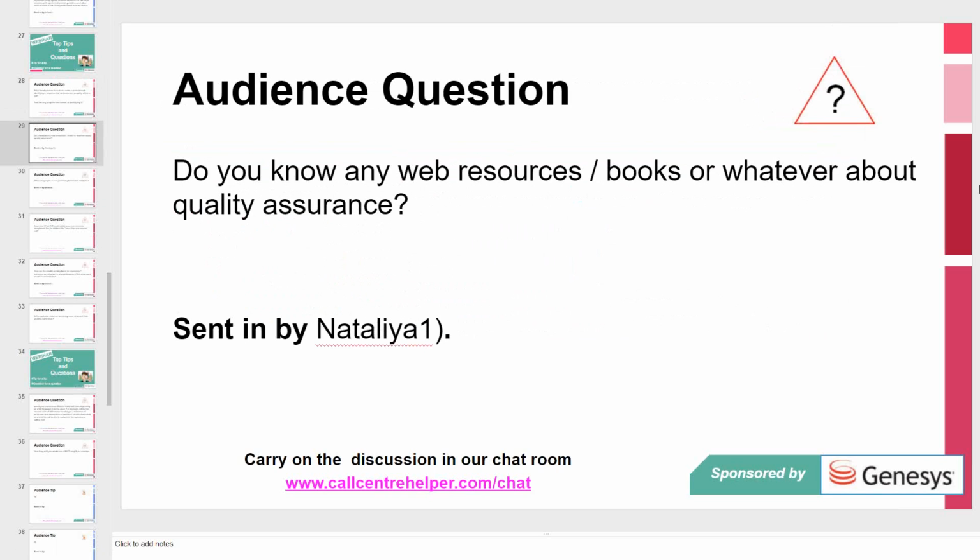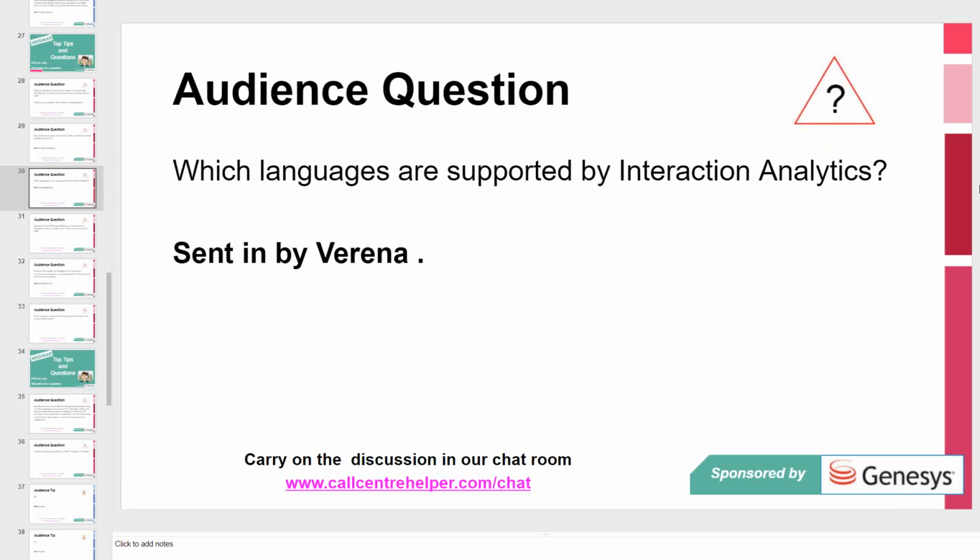Rach, what's the next question? Verena's asked which languages are supported by Interaction Analytics. Right, so always an important question.